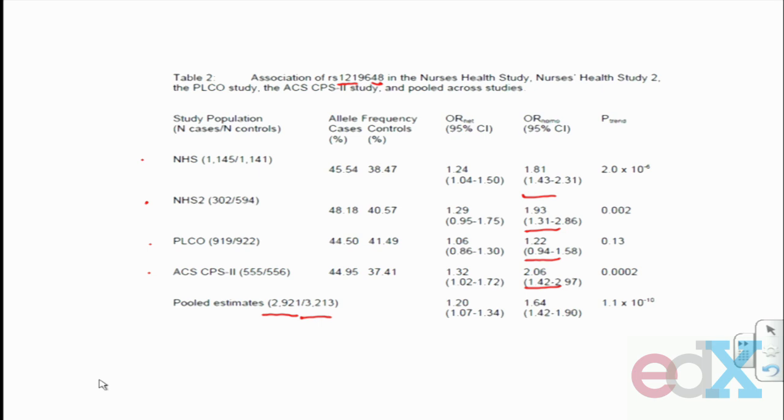One study was positive, 1.22, a 22% elevation in risk. But note that the p-value in that study is not close to the 0.05 level. And so we might say normally, well, 3 of these studies are positive, and 1 of them is not positive.